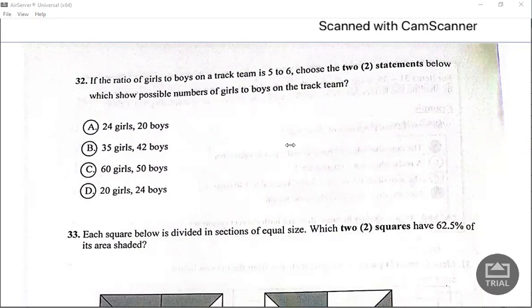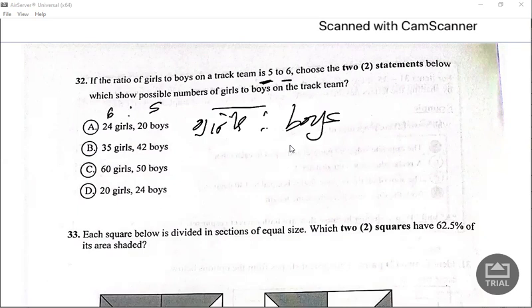That means the smaller number should be at the front. So for 24, we can use 4 to reduce it. So 4 into this goes 6 times, and this 5, right? But it should be 5 to 6, not 6 to 5. So we can eliminate these. We can also eliminate this one. So it would be B and C, 5 to 6.